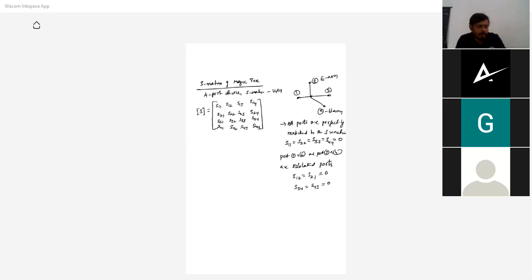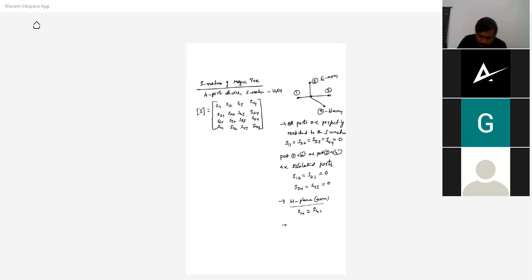Then the H-arm property: S14 is equal to S41.